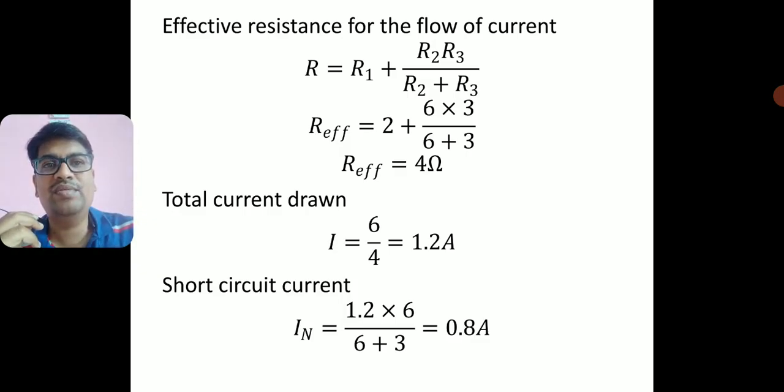Now let me go for a branch current, the current which is flowing through the R2 branch, which I am calling Norton's current. It is a simple branch current formula: main current into resistance in the other branch, divided by the sum of the two resistances. So main current is 1.2 into the resistance in the other branch.